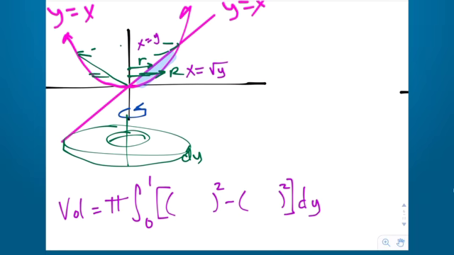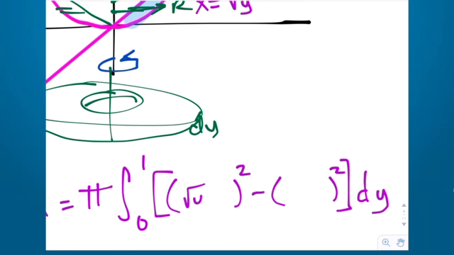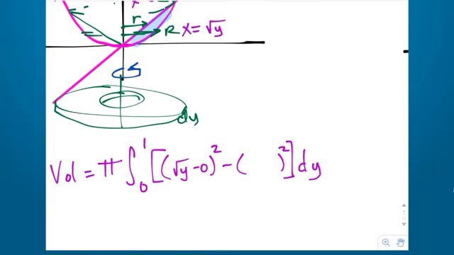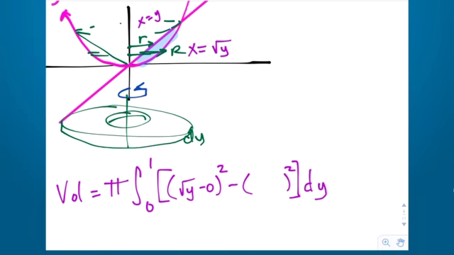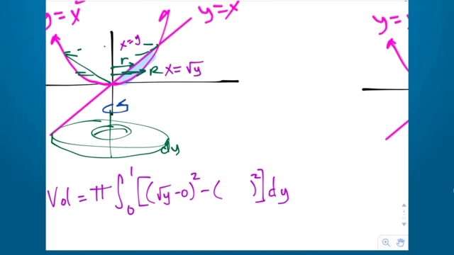The curve on the right is the square root of y, and the curve on the left is the axis itself, x equals 0, so that's the square root of y minus 0. And little r is right minus left, which is x equals y on the right minus the axis x equals 0 on the left. And there's the setup. Simplify and evaluate with or without a calculator.